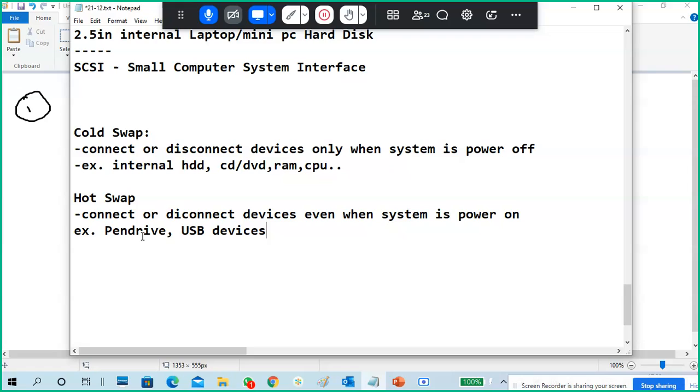LAN cables you can connect. So no need to shut down anything. A pen drive, USB device is the best example for that. You can insert a CD and read the CD also. Hot swappable means you can connect or disconnect a device even when power is on.